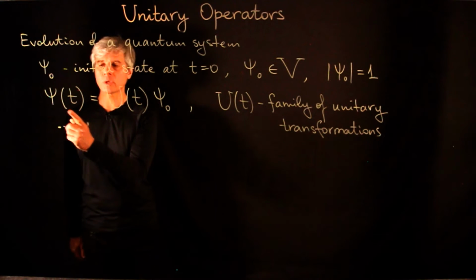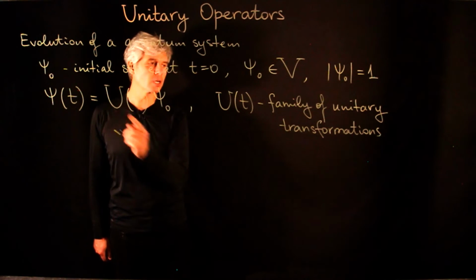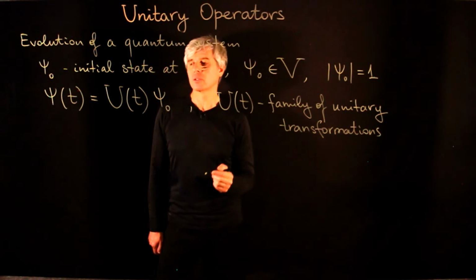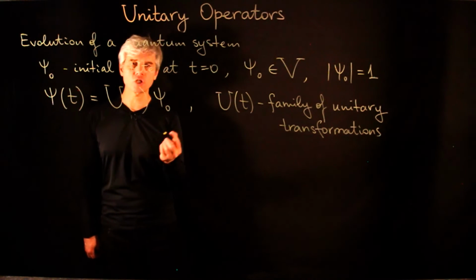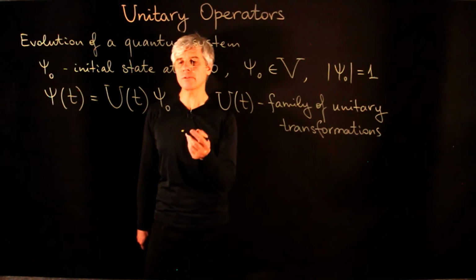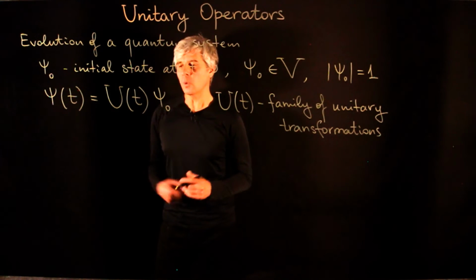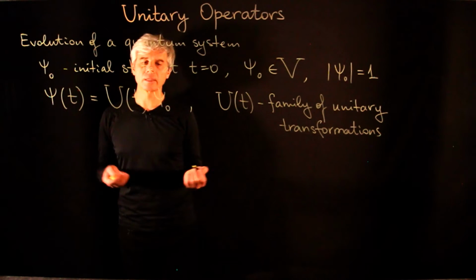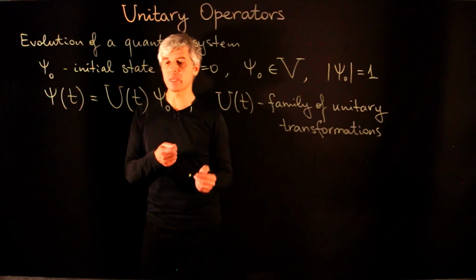So in order to control evolution of a quantum system, we can change this family. This can be done by, say, changing the ambient magnetic field in which this quantum system is embedded. Or we can have a quantum system at which we can shine laser beams.